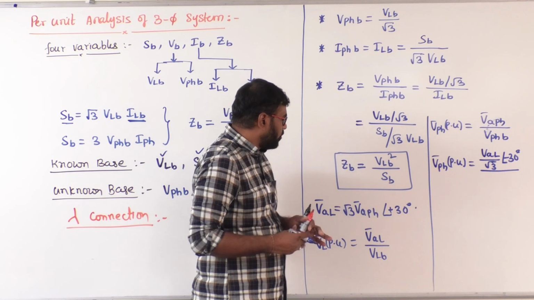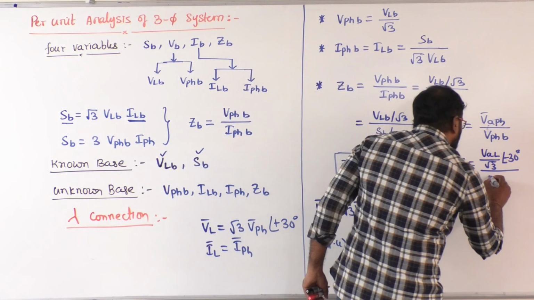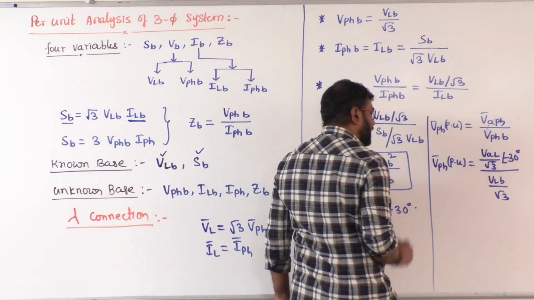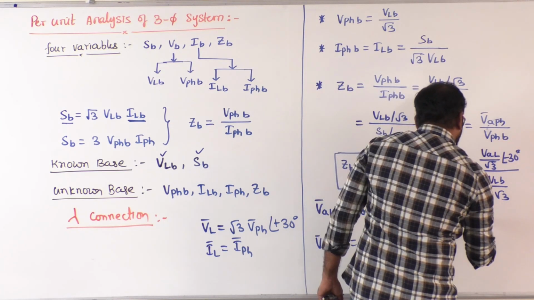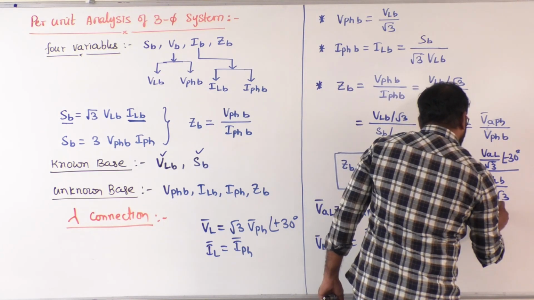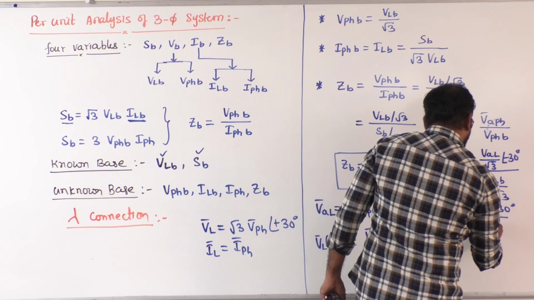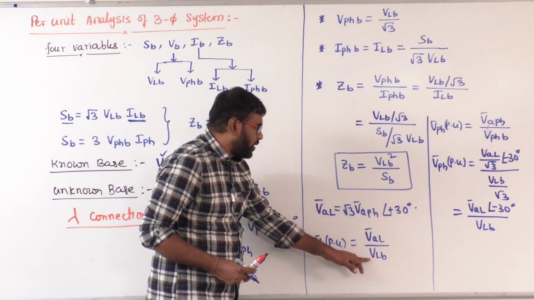V phase base is nothing but V line base by root 3. So root 3 gets cancelled. What do I get now? V actual line voltage at an angle minus 30 degrees divided with V line base.